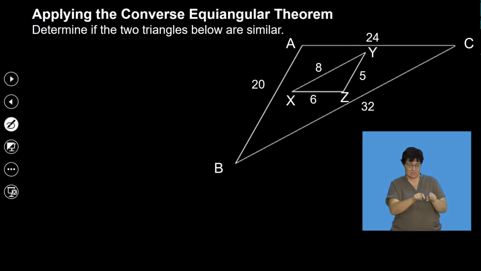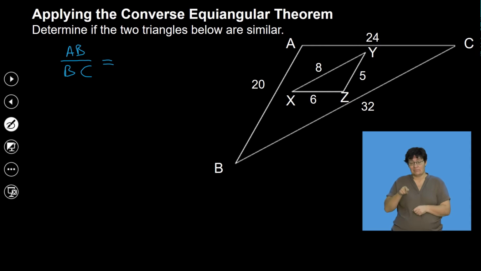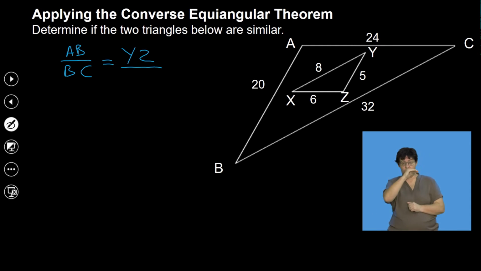If I find that my ratio of AB with BC is the same as my YZ all over YX, right? Then I can claim that these two triangles are similar to each other. If that is not the case, then I'm not doing the right thing there. So let me just try and see whether this will definitely work.